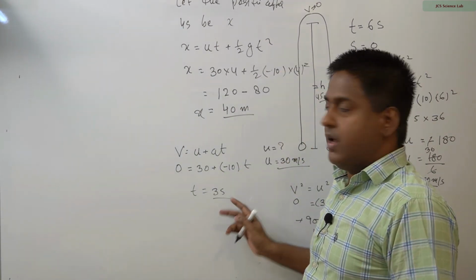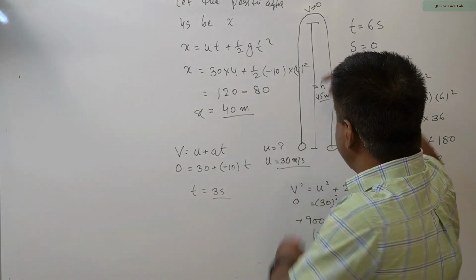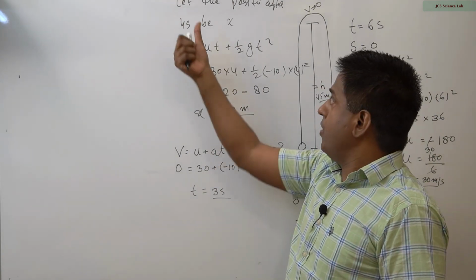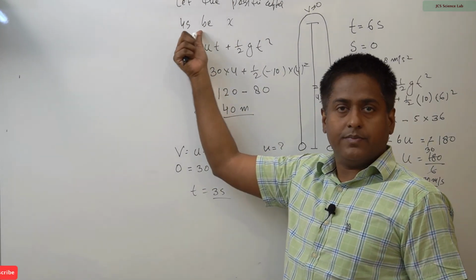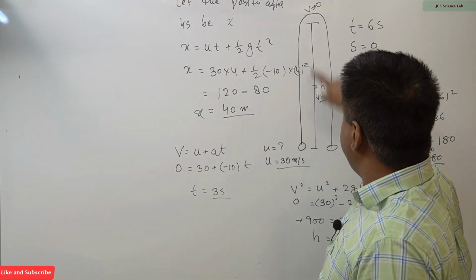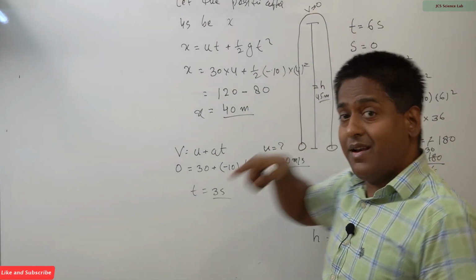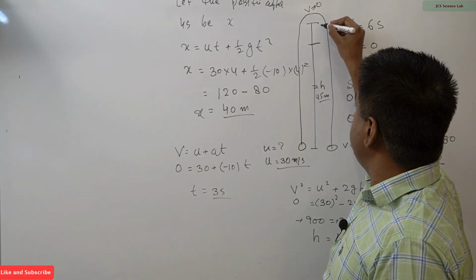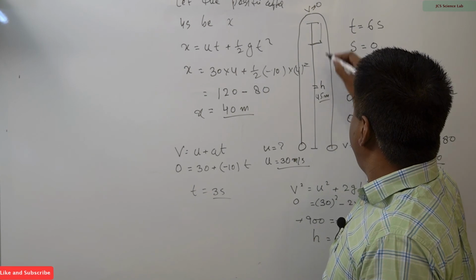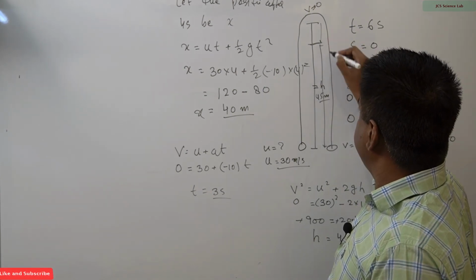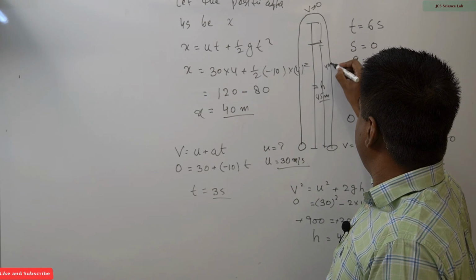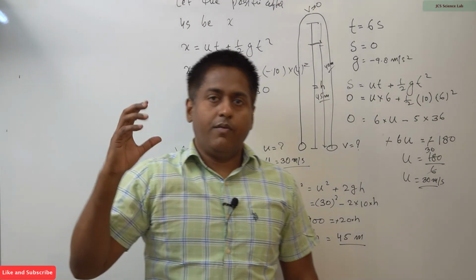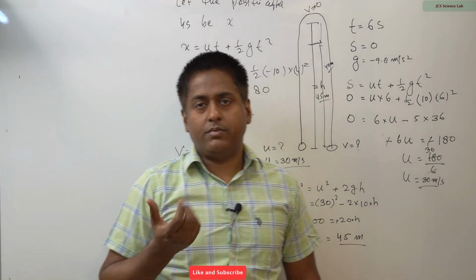So in the first 3 seconds it will reach the highest position, and in the next 1 second, because it's asking for the position after 4 seconds, it starts falling down. Let's say this is the position after 1 second. It means that from the ground it will be 40 meter. After 4 seconds the position of the object would be 40 meter from the ground. That's it.